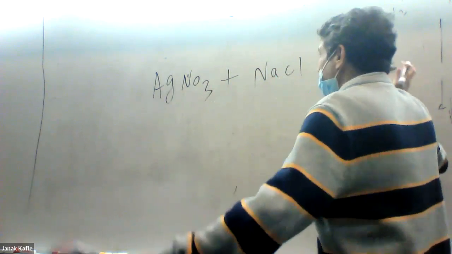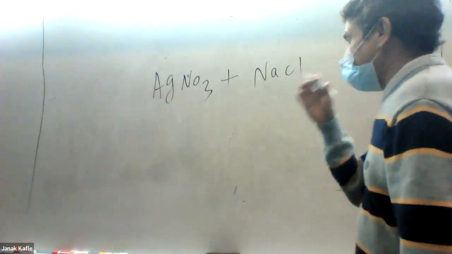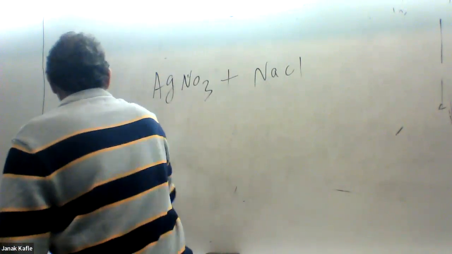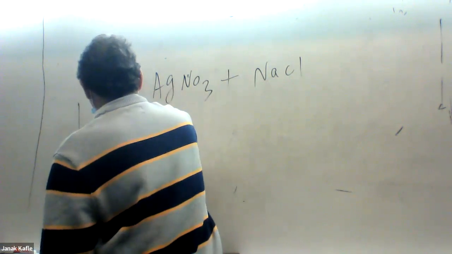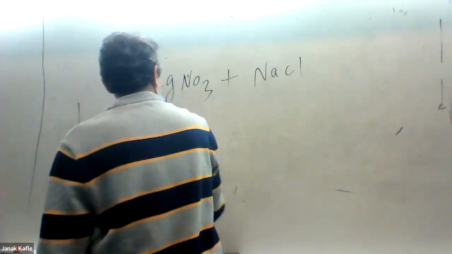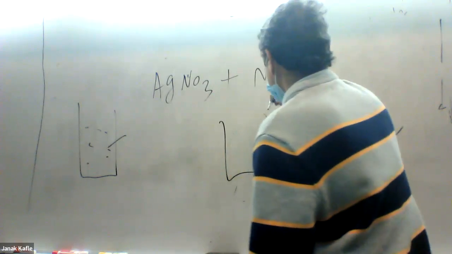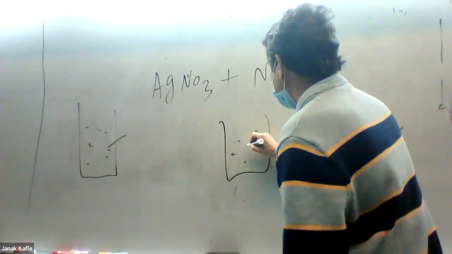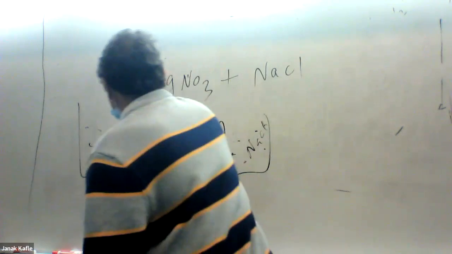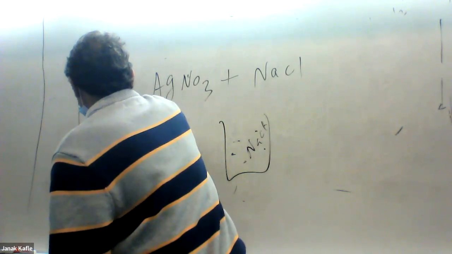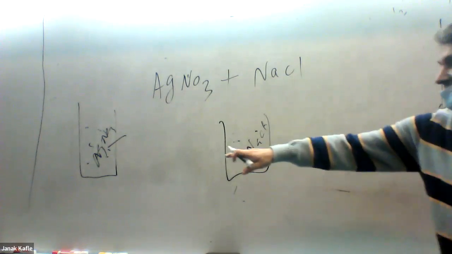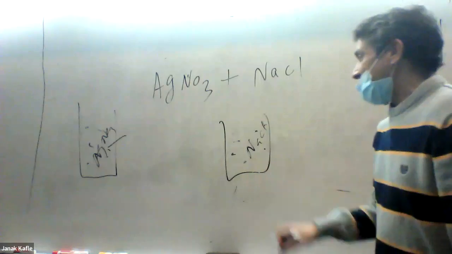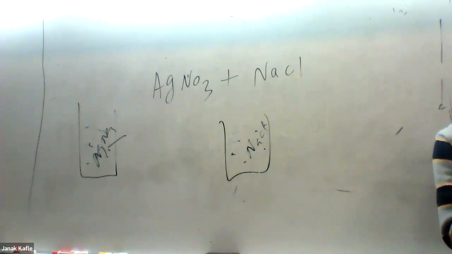So I have water here with AgNO3 dissolved in it, and in this one I have some water and NaCl dissolved. This is an AgNO3 solution. This is an NaCl solution. So if I react them, what happens?